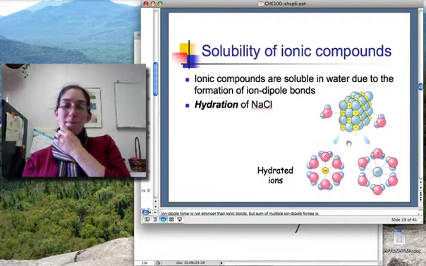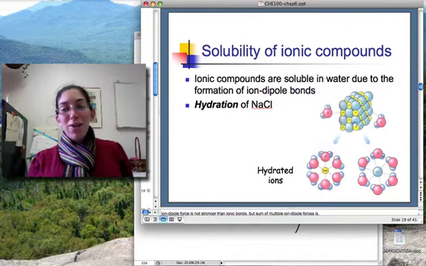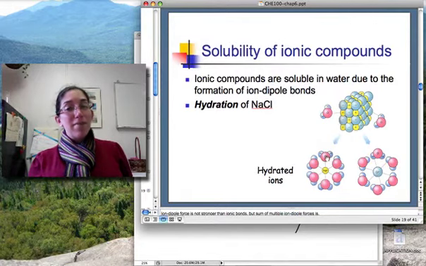So anyway, you take a block of sodium chloride and throw it in water, and the sodium ions and chloride ions will break off and get surrounded by water molecules engaging in ion-dipole bonds. The partially negative side of the water molecule is attracted to and surrounds the positive sodium ion, and vice versa.